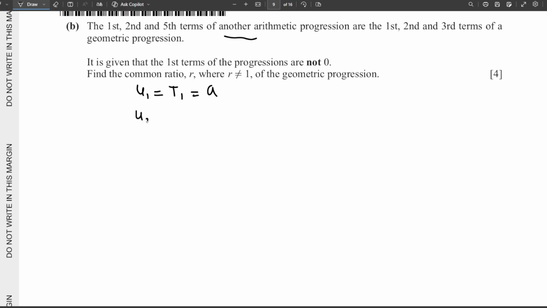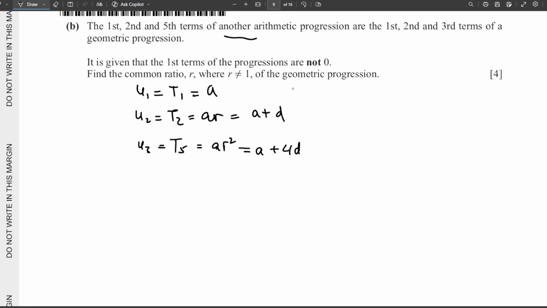So u2 is t2 also. u2 I can write as ar, and t2 as a plus d, so you just add one common difference. Okay, u3 will be t5, so ar squared equals a plus 4d.